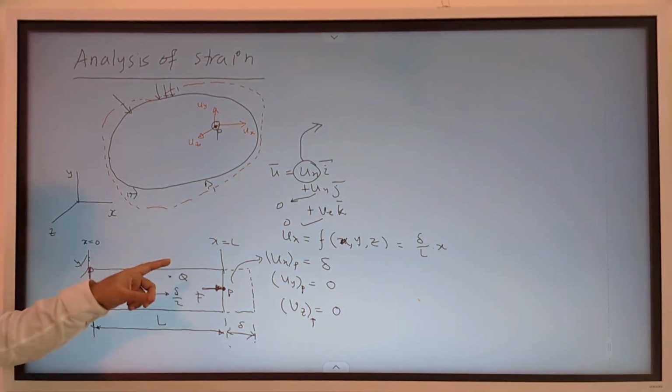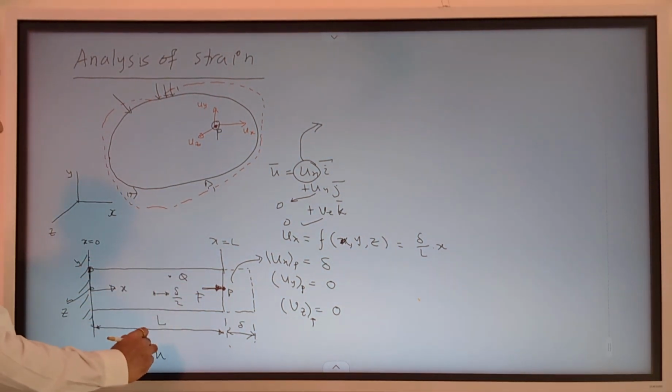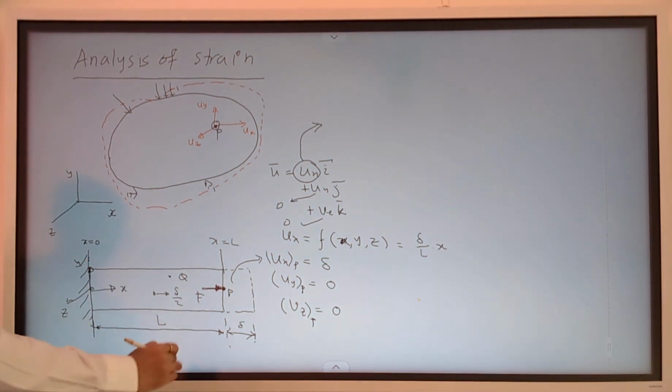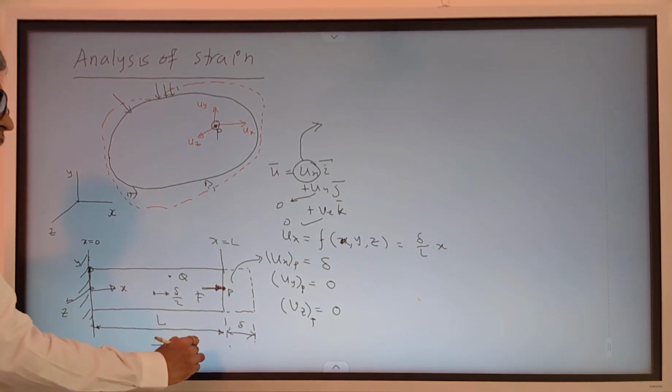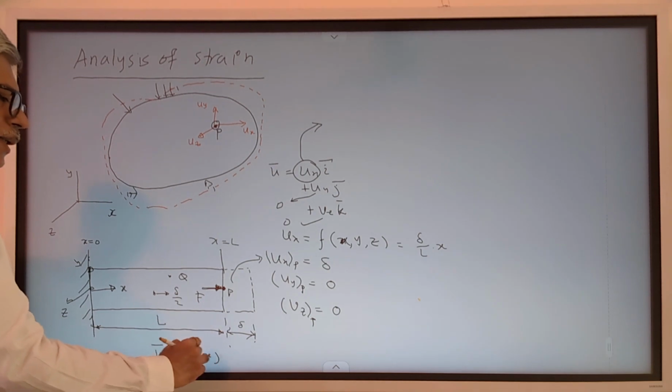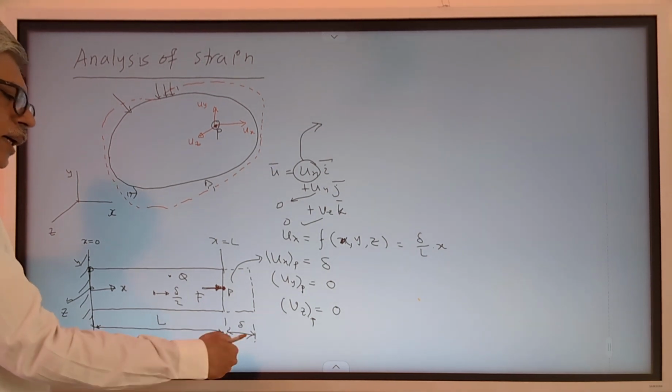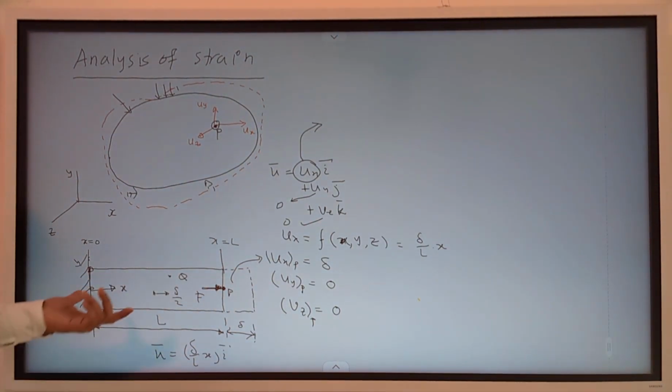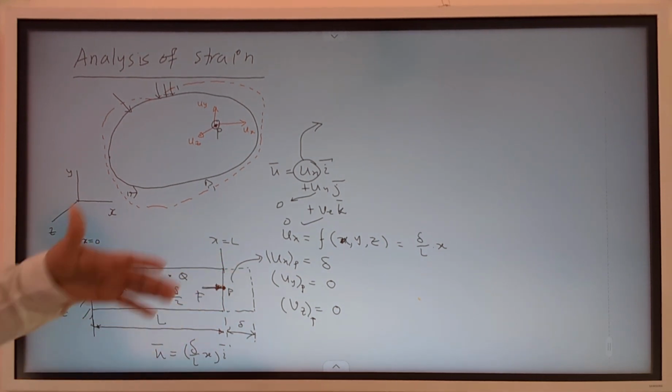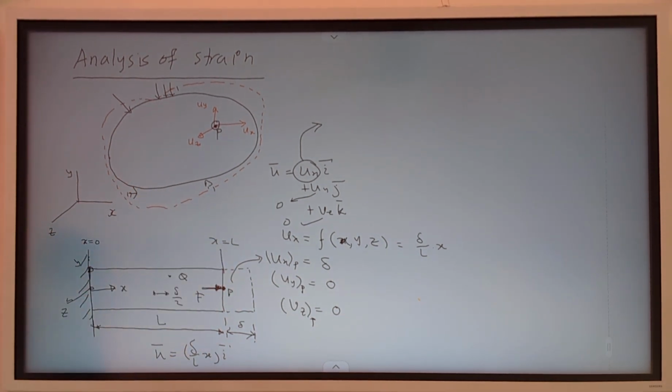So for this problem, the displacement field u bar is delta by L times x i bar, and the remaining things are 0. There is no uy term, no uz term, because under the loading given, the uy and uz don't exist.